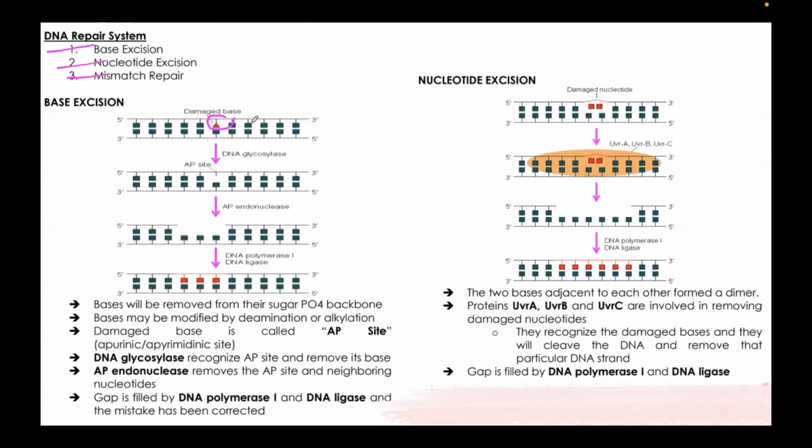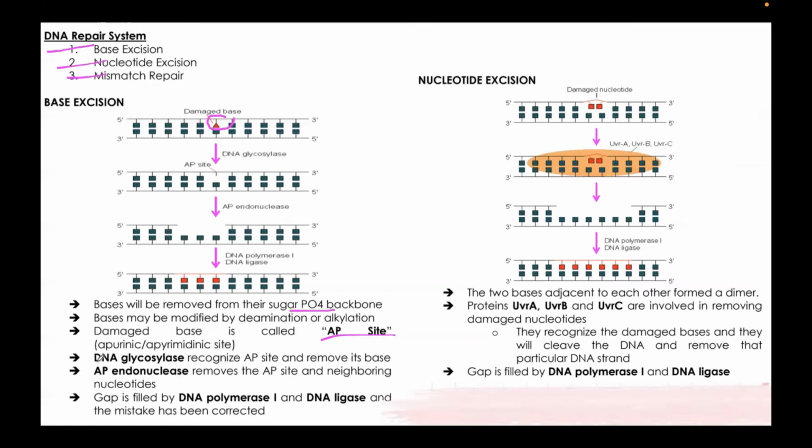So, for the base excision repair, the bases will be removed from their sugar phosphate backbone. Yun na yung nakita mo doon. Bases may be modified by deamination or alkylation. Damaged base is called AP site. Ano ulit ang tawag sa damaged base? It is called your AP site or apurinic or apyrimidinic site.